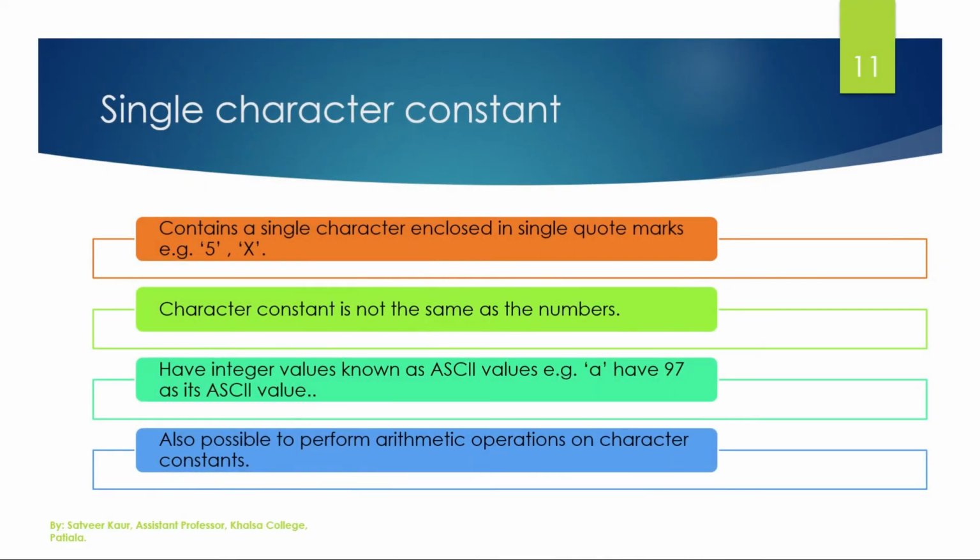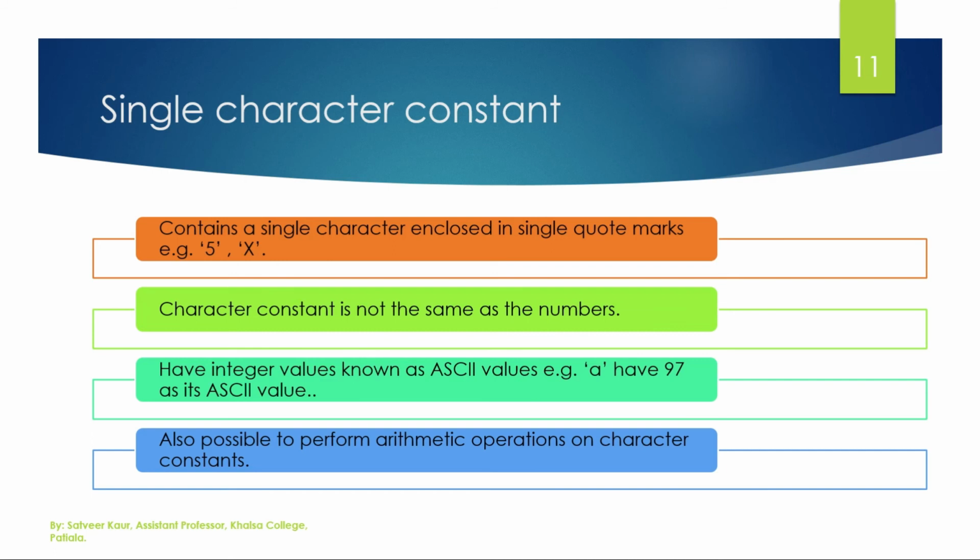The next one is single character constant. It contains a single character enclosed in single quote marks. For example, '5' in single quotation or 'X' in single quotes. These are called single character constants. A character constant is not the same as the numbers.